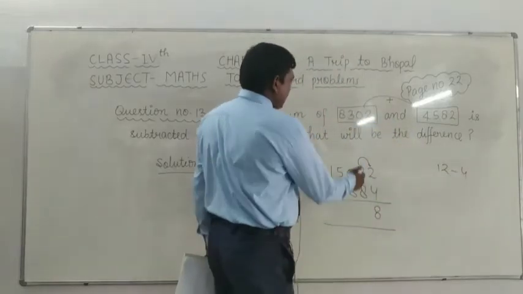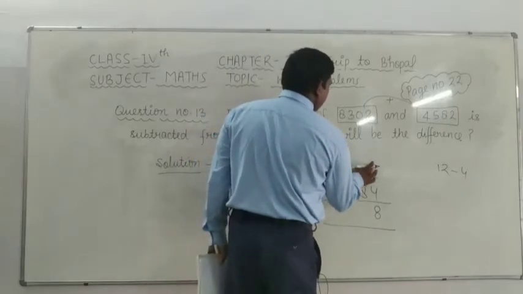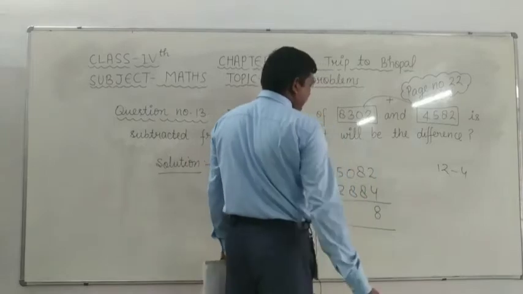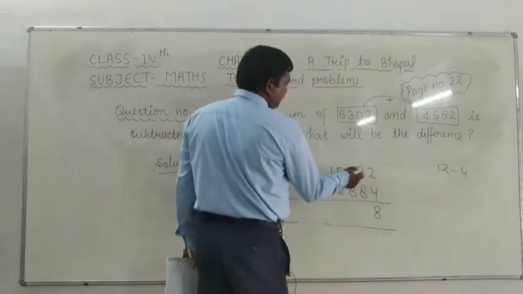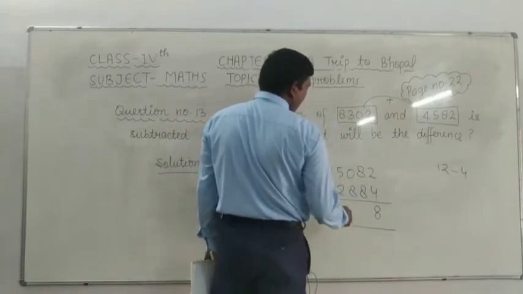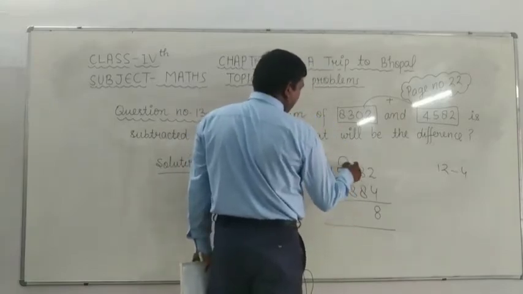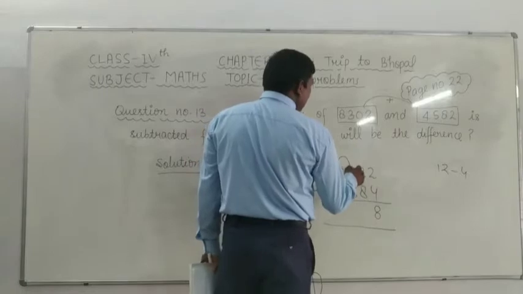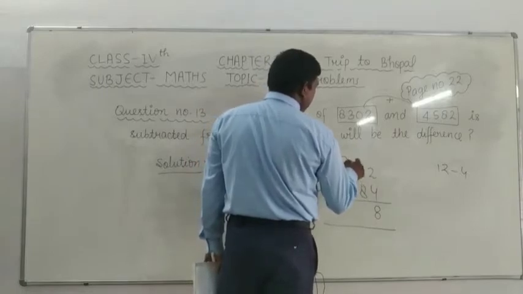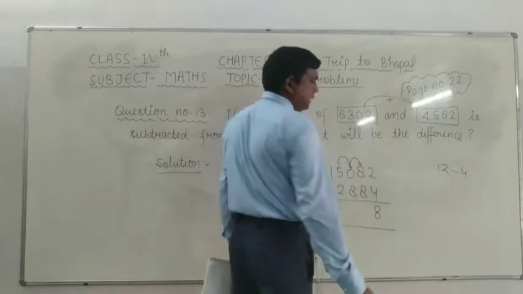Clear? Here we get 7 in place of 8, and we know that 7 is less than 8. Therefore, we have to take one borrow from this 5 and this 0 makes 10. Again, we take one borrow from this 10 and this 7 makes 17.